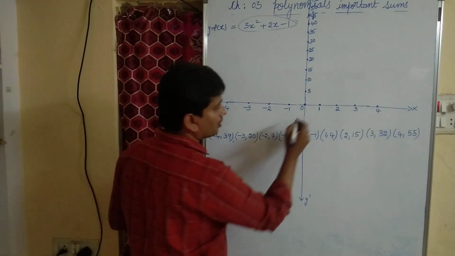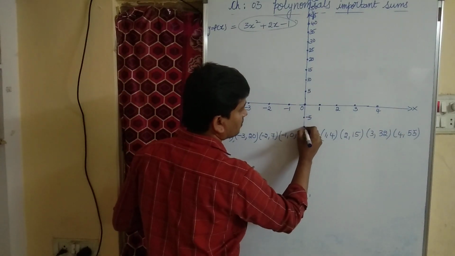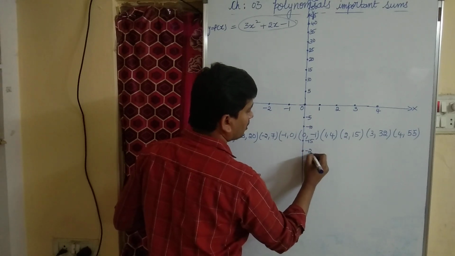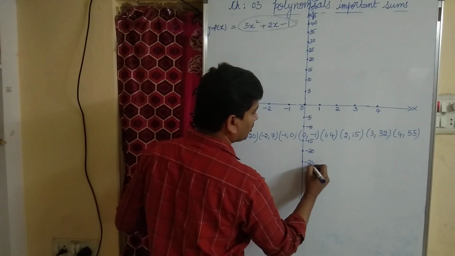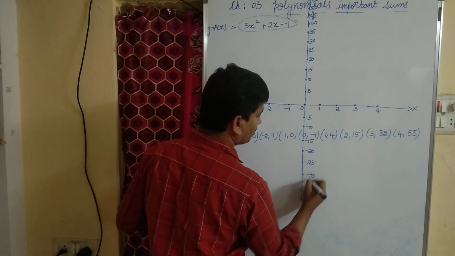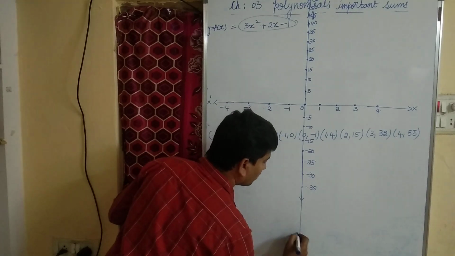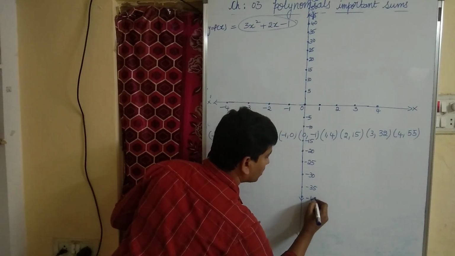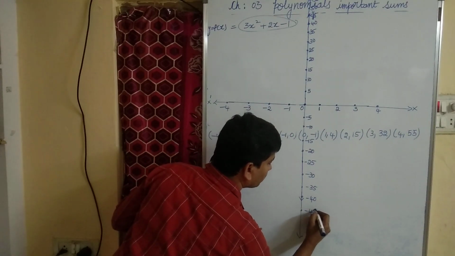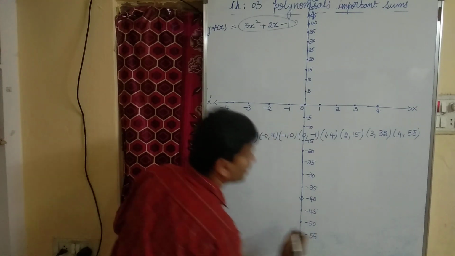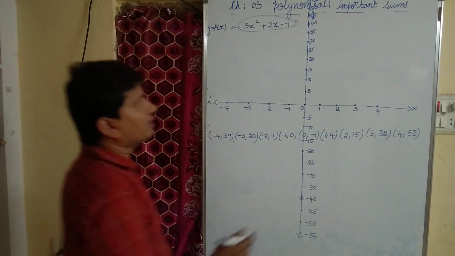As well as below the 0, minus 5, minus 10, minus 15, minus 20, minus 25, minus 30, minus 35, minus 40, minus 45, minus 50, minus 55.